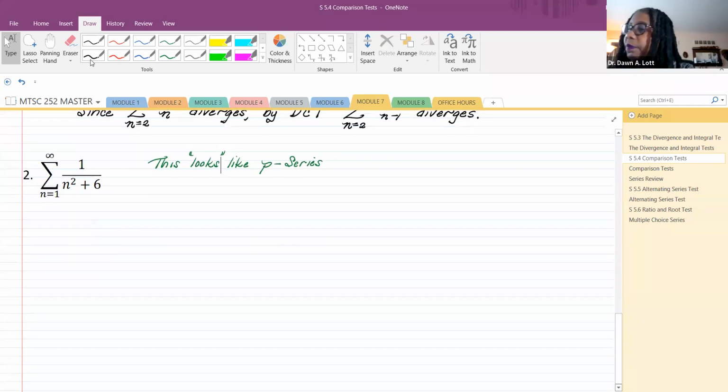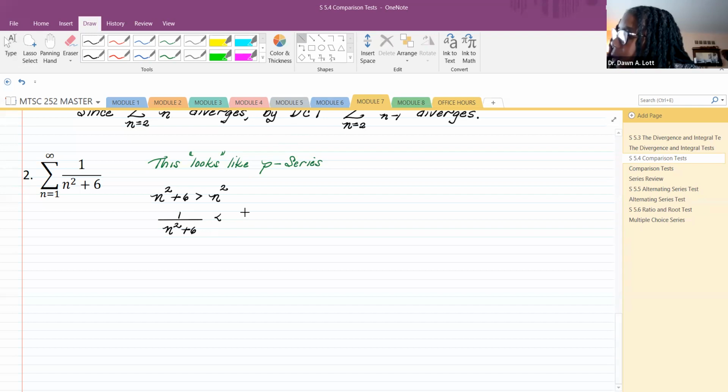So let's see. We have n squared plus 6 is clearly bigger than n squared, and that's true for all n. No matter what number you pick, it's always going to be true. So therefore, 1 over n squared plus 6 is certainly smaller than 1 over n squared.